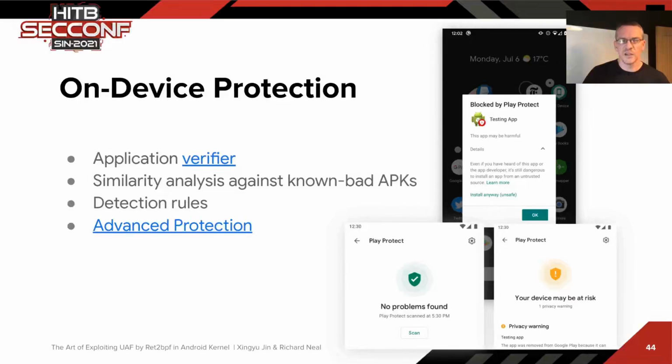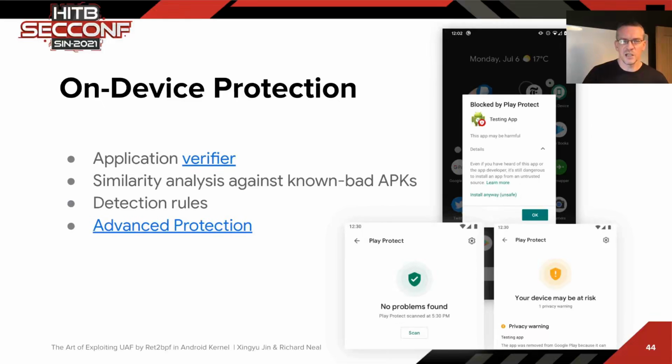Information about known bad applications for the similarity check is provided by Google's servers. This is to handle small differences in an APK's contents which would defeat hash comparisons, for example. This covers the case where a sideloaded application might contain a local privilege elevation exploit to support malicious activities.